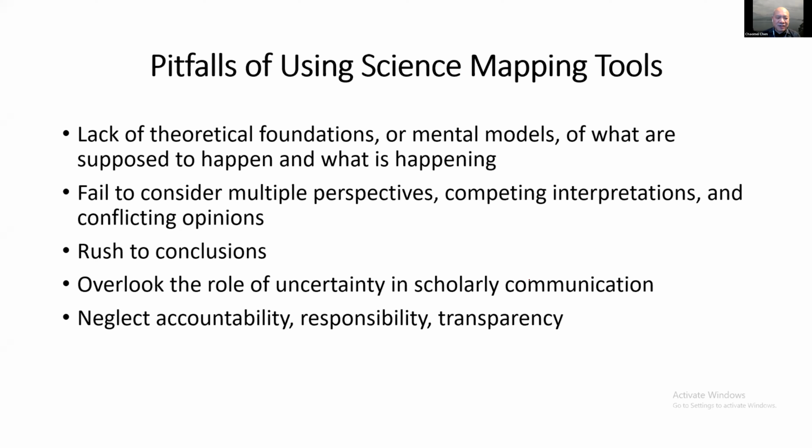And again, similarly, this connects to the rush to conclusion. The other one is accountability, responsibility, and transparency. We need to put this into a broader context when we make our science maps and interpret science maps.